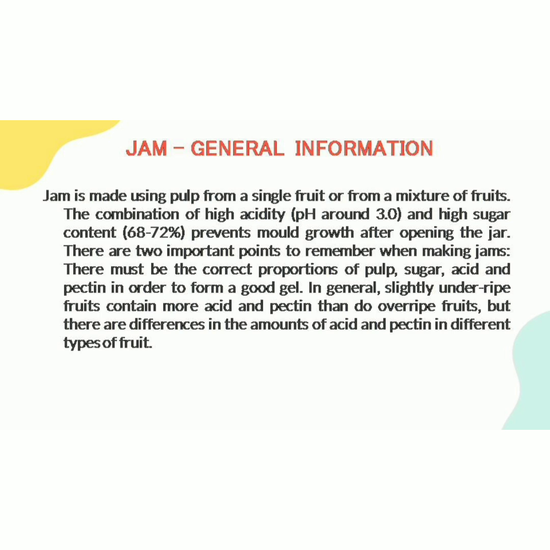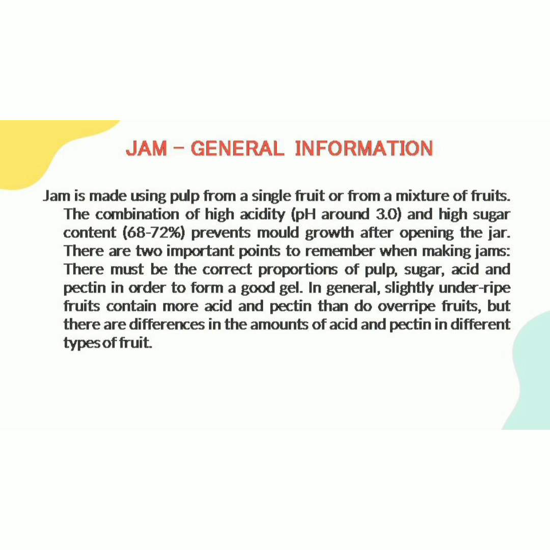There are two important points to remember when making jams. There must be the correct proportion of pulp, sugar, acid, and pectin in order to form a good gel. Generally, slightly underripe fruits contain more acid and pectin than overripe fruits.